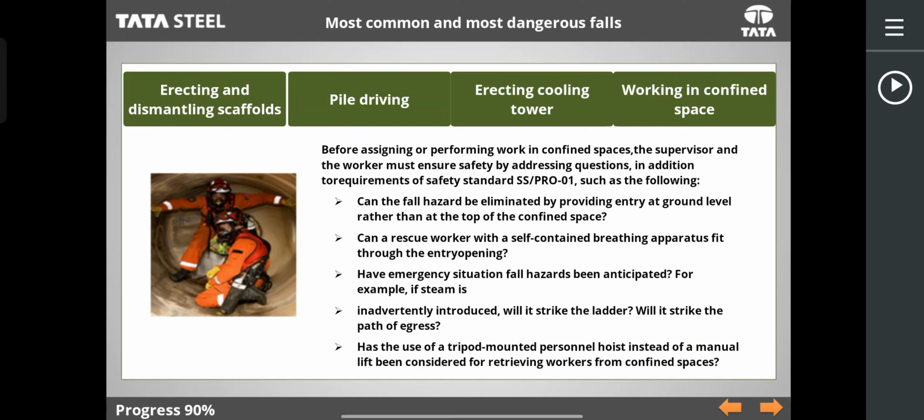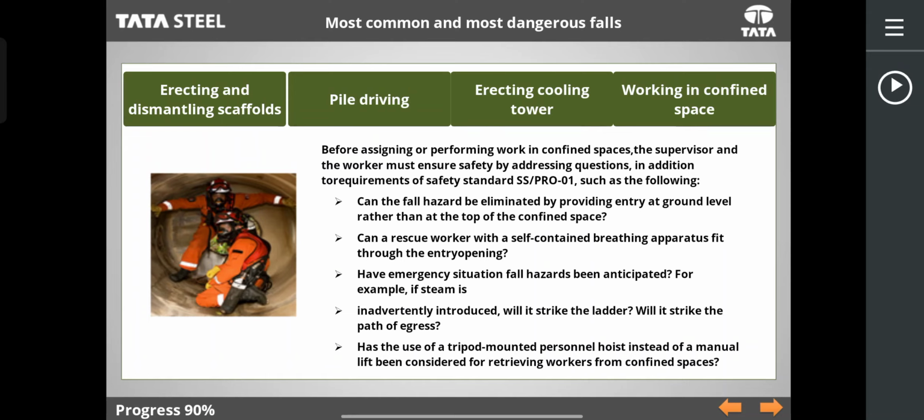Can a rescue worker with a self-contained breathing apparatus fit through the entry opening? Have emergency situation fall hazards been anticipated? For example, if steam is inadvertently introduced, will it strike the ladder? Will it strike the path of egress? Has the use of a tripod-mounted personnel hoist instead of a manual lift been considered for retrieving workers from confined spaces?